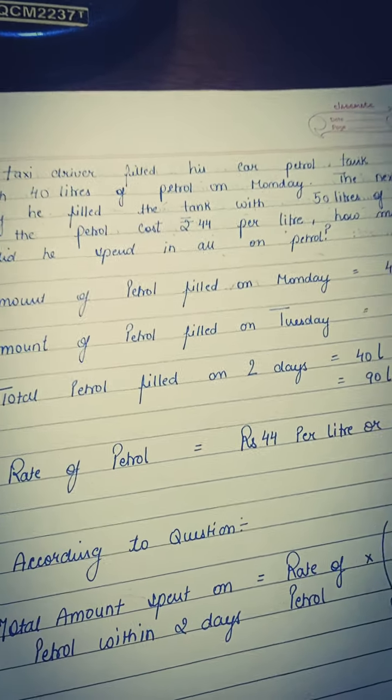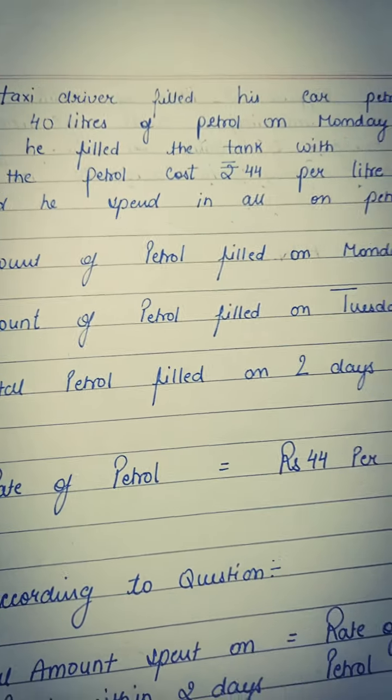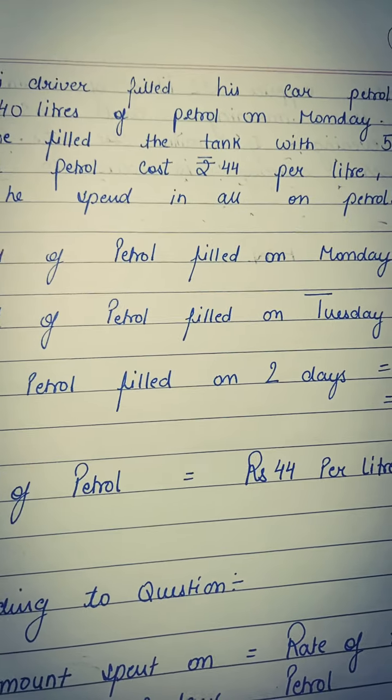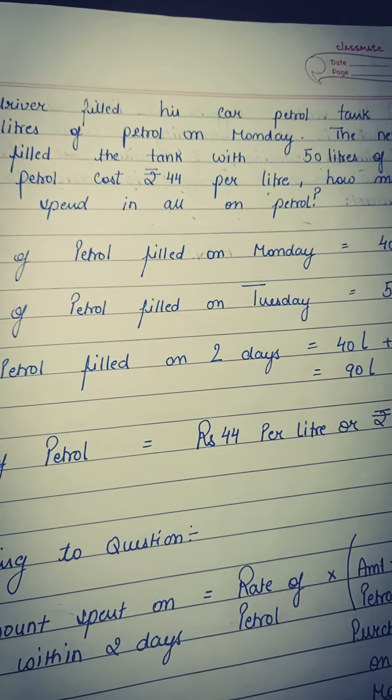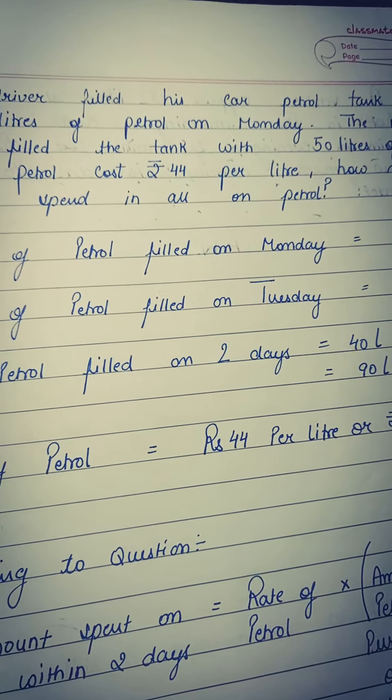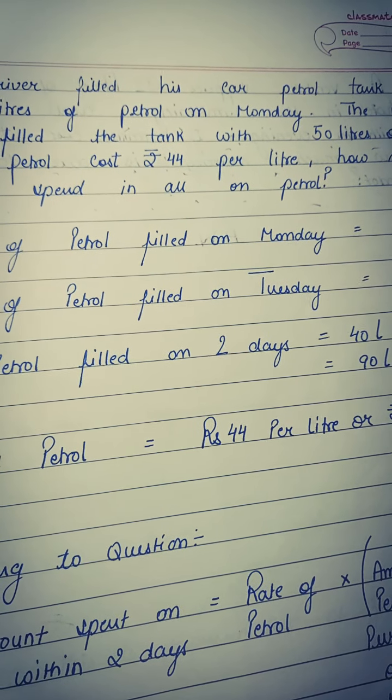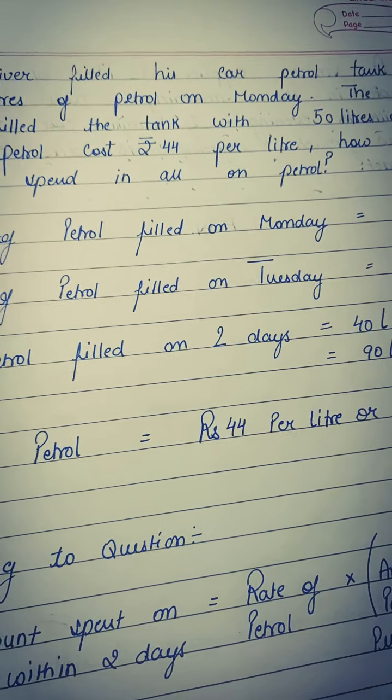Okay, so see students, the cost of petrol is the same for any amount of petrol purchased on both days. Therefore, the cost of petrol will be applied on the sum of the amount of petrol purchased on both days.